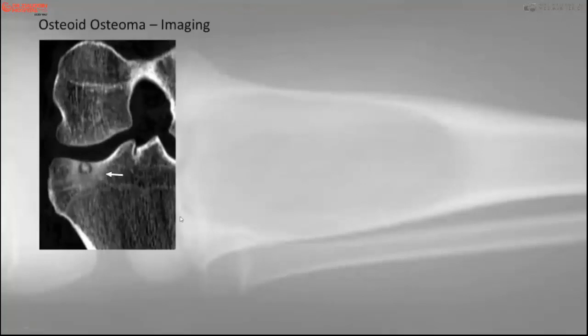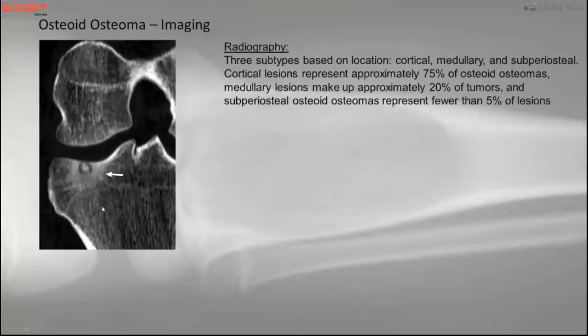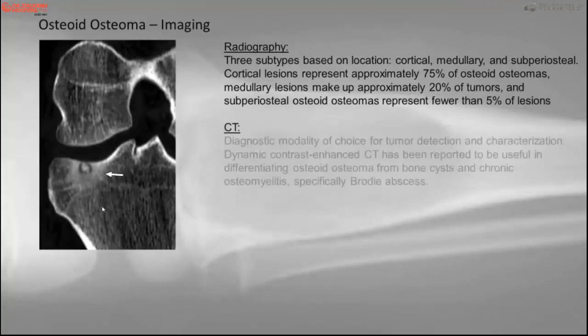Again, a CT scan showing a lesion in the proximal part of the tibia. There can again be three subtypes. The most common is the cortical, as I told you before, but you can see these lesions in the medulla as well as the metaphysis.